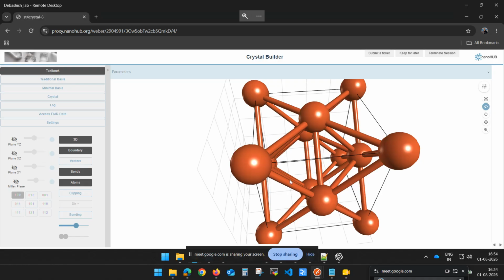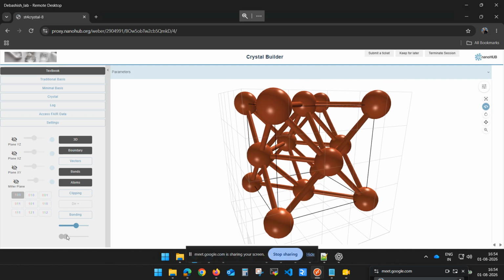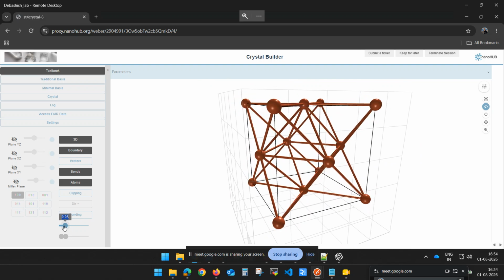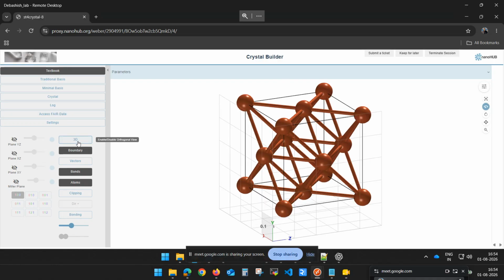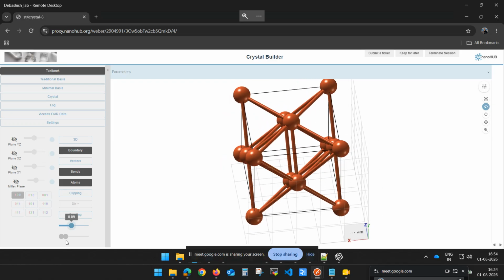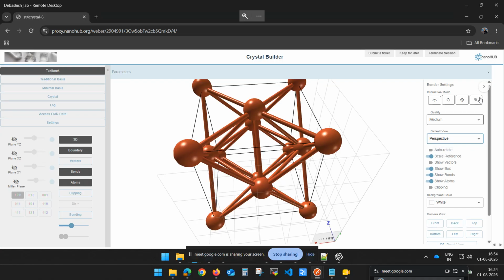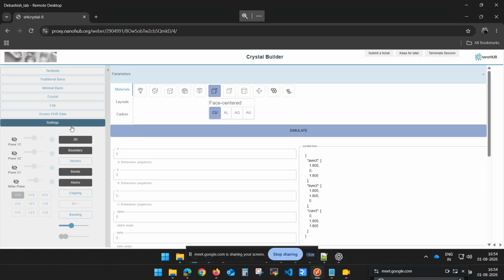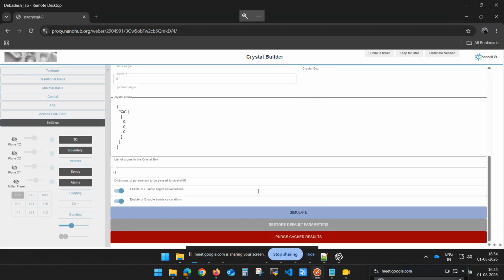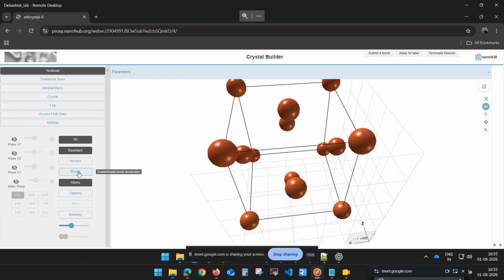This is your FCC. Let me just lower the, okay, this is the atomic dimension. How can I turn off the bonds, atoms?